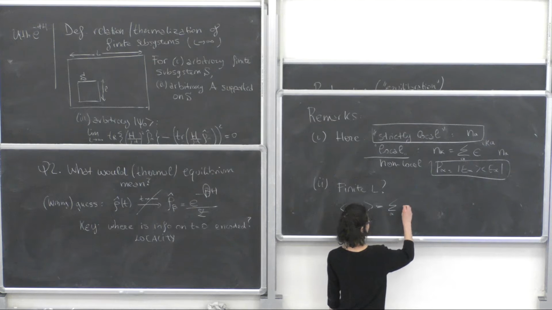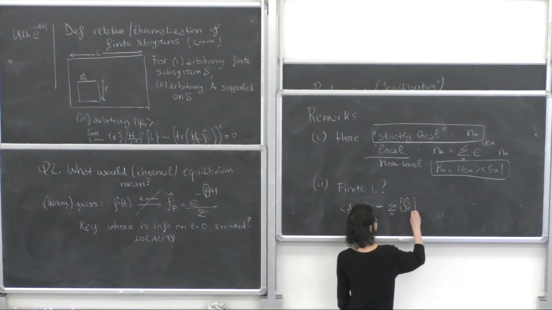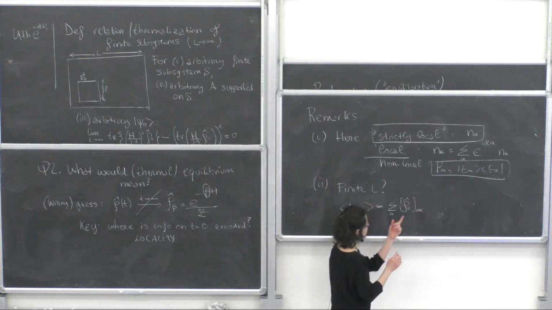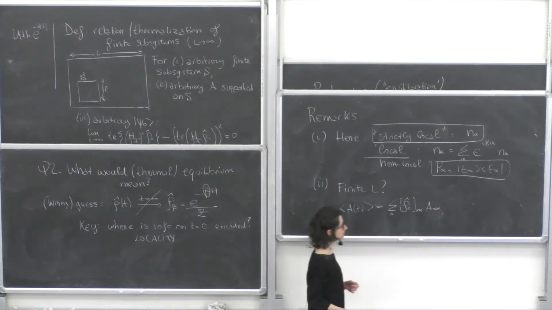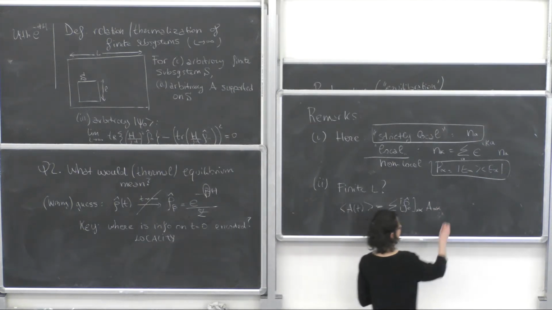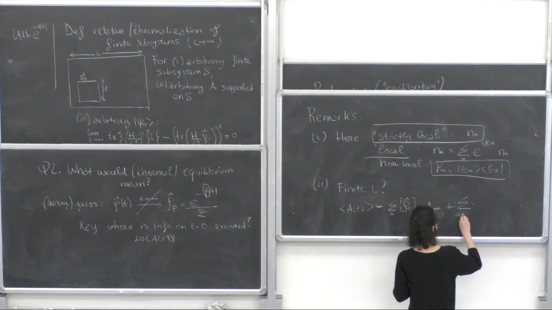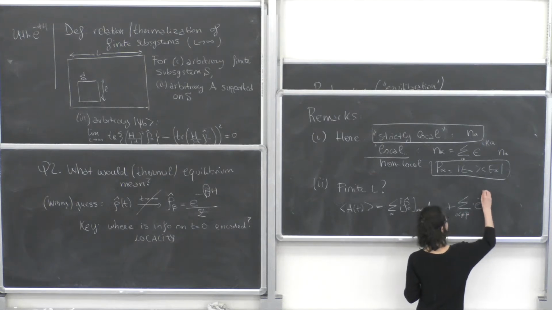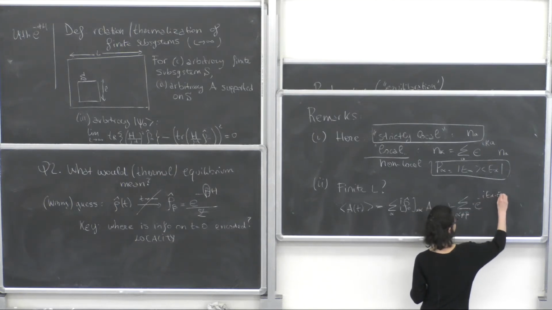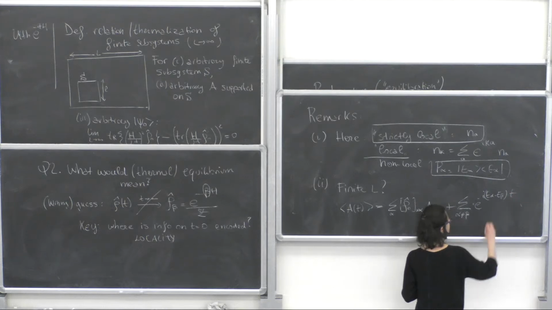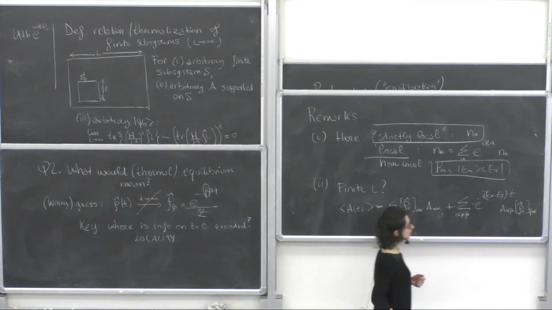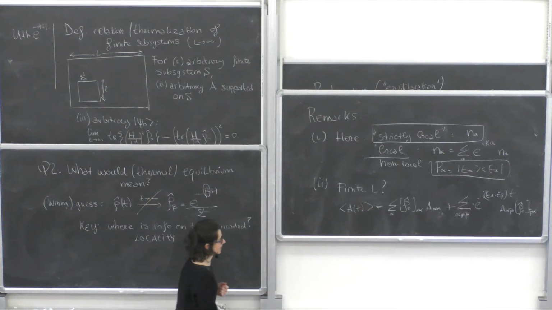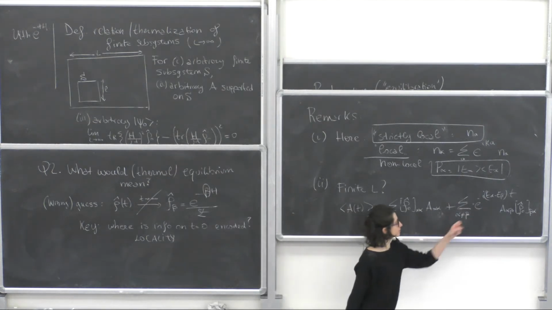You will have terms which are diagonal in this basis, so this is your density matrix at time 0, and then you have diagonal matrix elements of the operator A, and then you have the off-diagonal terms with the phase, with eigenstate A being different from eigenstate B.